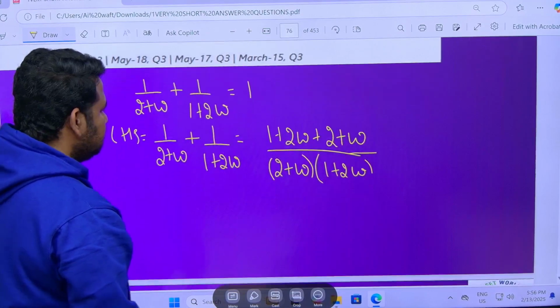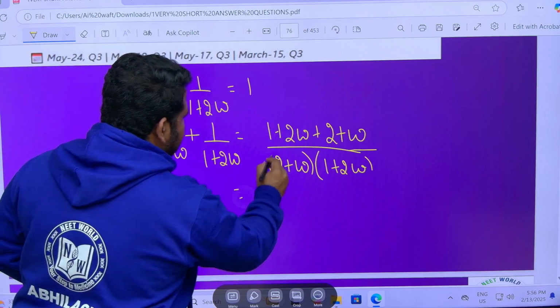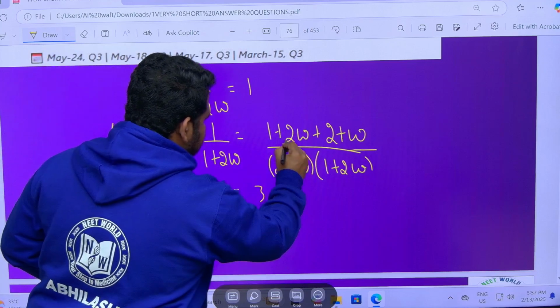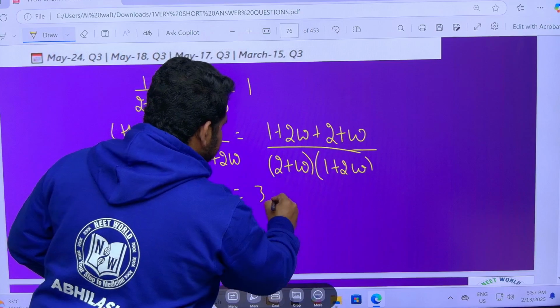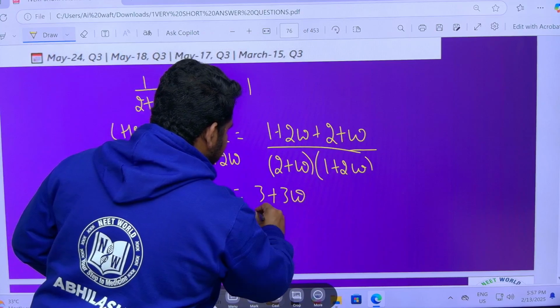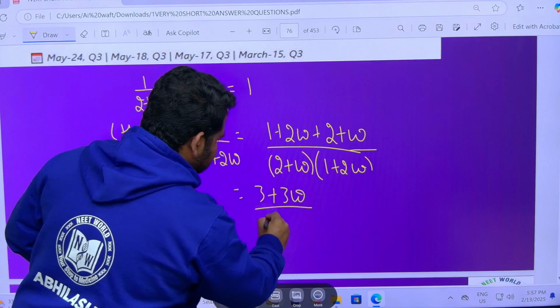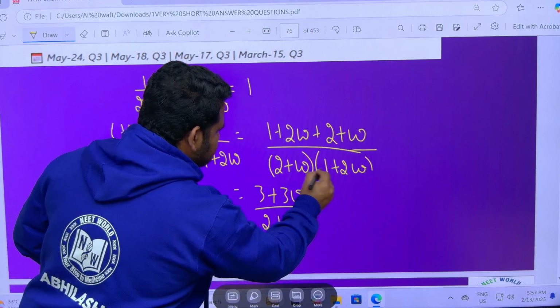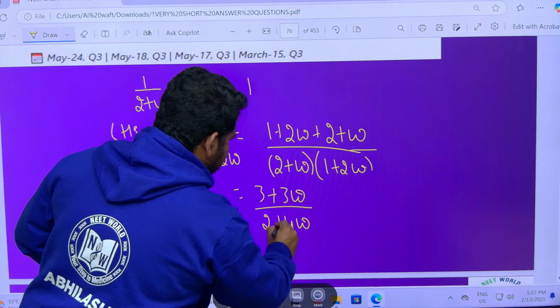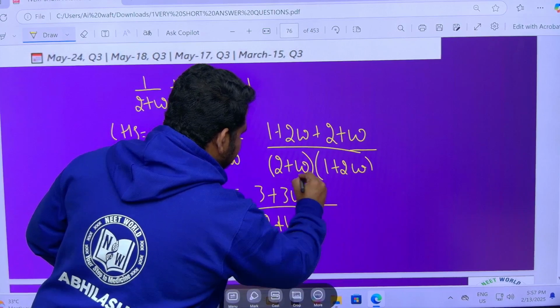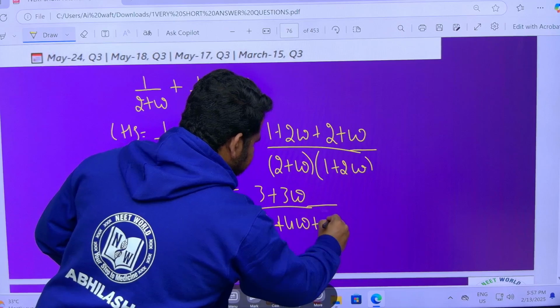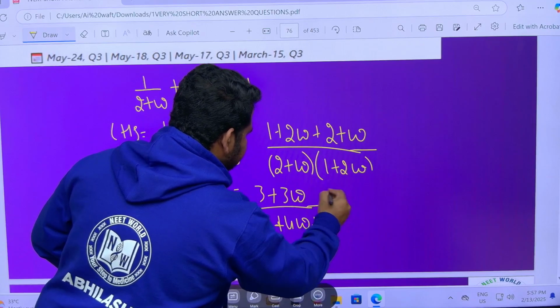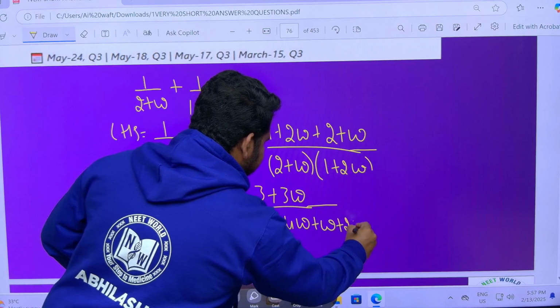Now, see here, 1 plus 2 is 3. 2 omega plus omega is 3 omega. Next, 2 into 1 is 2, plus 2 twos are 4 omega. Next, omega into 1 is omega. I'm just multiplying. Omega into 2 omega is plus 2 omega square.